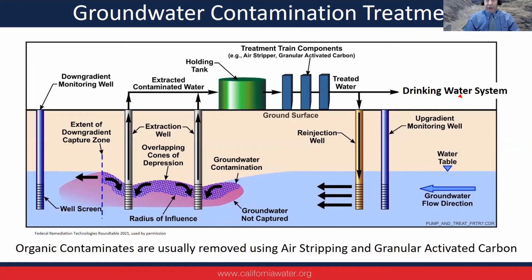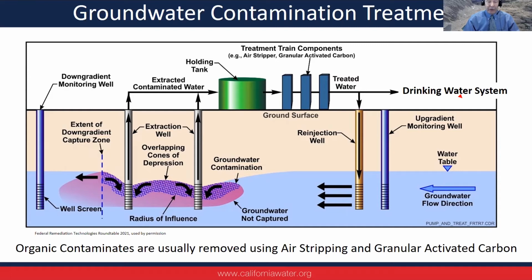So once it gets down there into the groundwater, we have some capabilities for treating it. You can see here a graphic provided by the federal government that shows the typical ways for treating groundwater contamination, which tend to be organophosphates or volatile organics that end up in the groundwater.